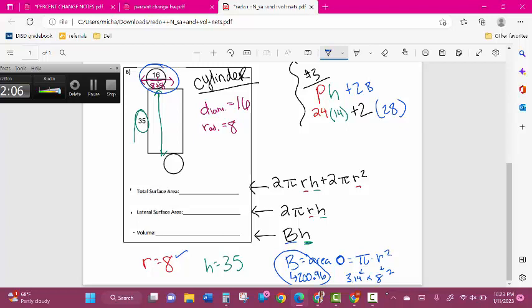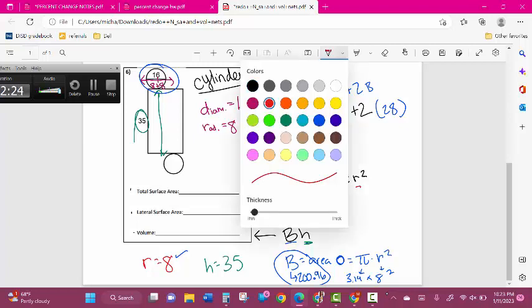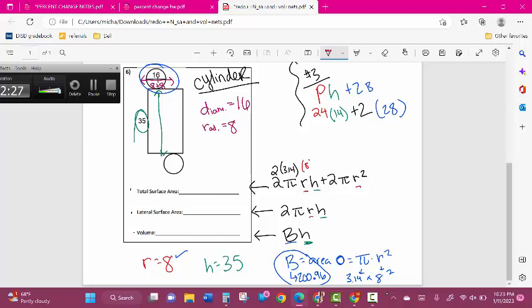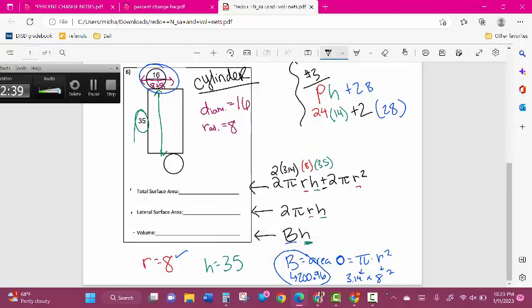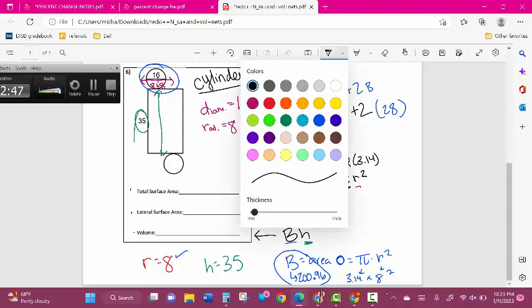Alright, now all I have to do is plug the values into the formula. So we've got 2 times, instead of pi, we can use 3.14, unless we're told to use the pi button, in which case we'll do that instead, times the next letter in the formula, r, so times 8, and then times h, which is 35, and then there's a plus sign in the formula, plus 2, again times pi, so 3.14 times r squared.